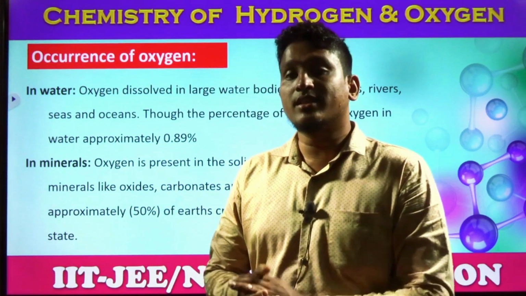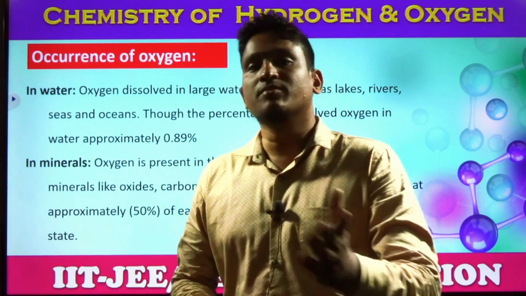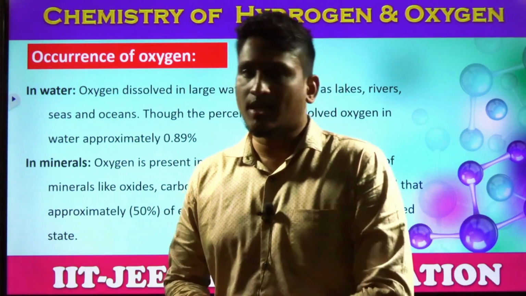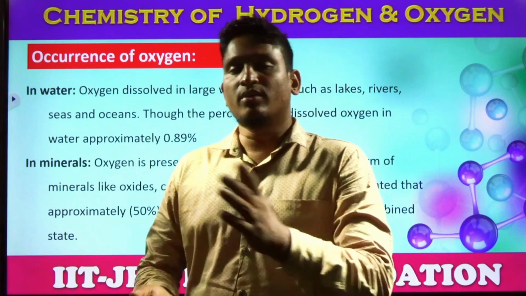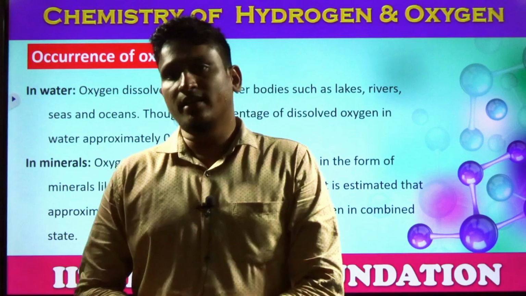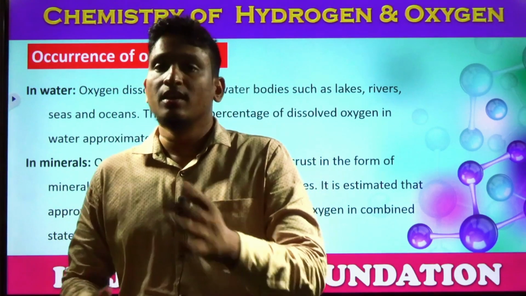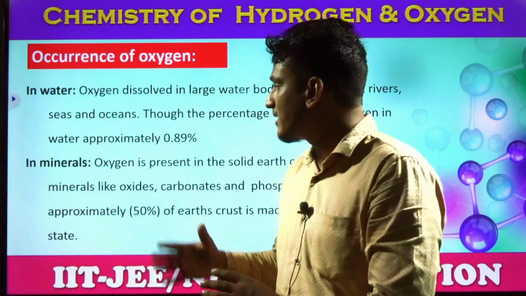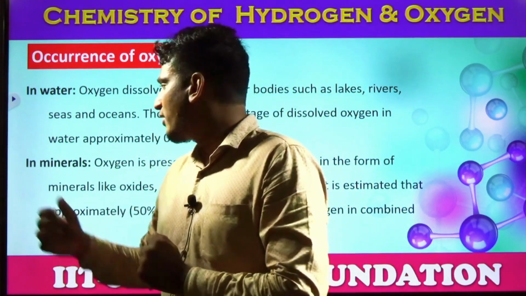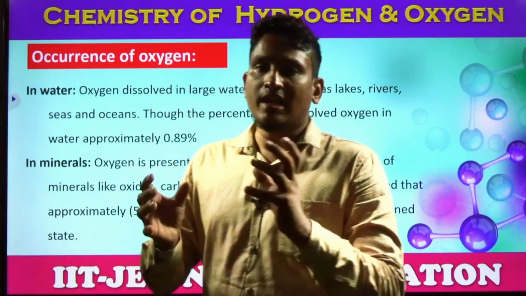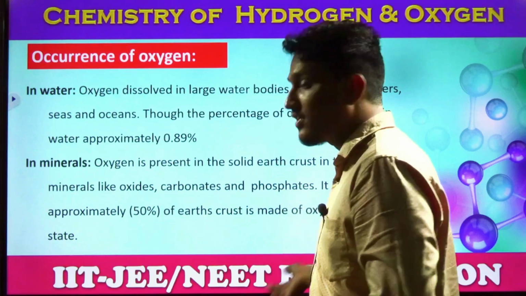They are available in their oxide form, like aluminium oxide, magnesium oxide, calcium oxide, phosphorus pentoxide, carbon dioxide, carbon monoxide, and sulfur dioxide. All these metals and non-metals are available in nature in combined form, and these combined forms are called minerals. Mainly the oxide form, as well as other minerals like carbonates, phosphates, nitrates.